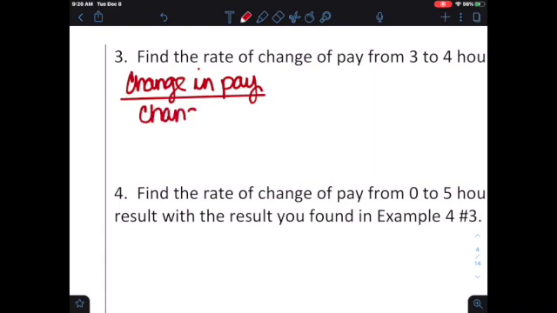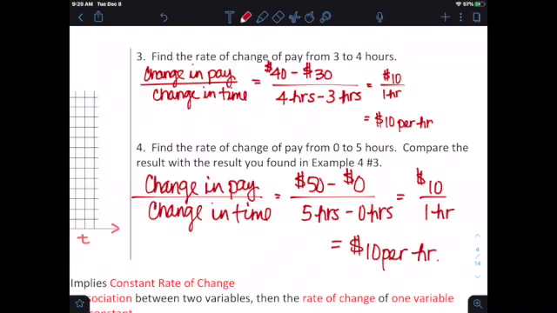So I want you guys to go ahead, pause the video, and just write it down and double check, because it's so much faster when you write it instead of just trying to sit there and copy it from me. As you finish both problems, you notice they are exactly the same, $10 per hour.